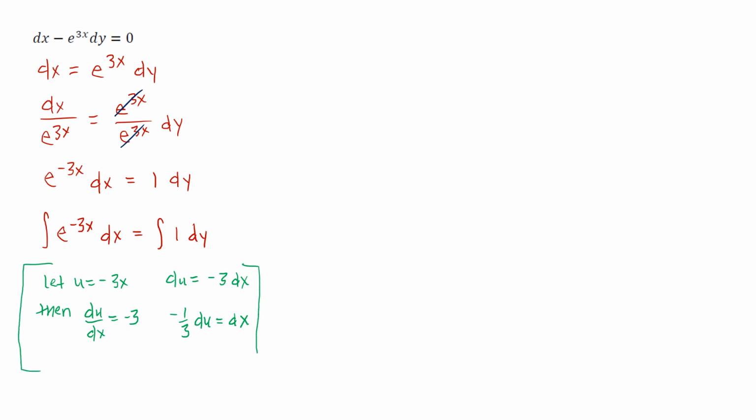Now that I have this, I can rewrite my integral, right? So negative 3x is u, and then dx is negative 1/3 du.